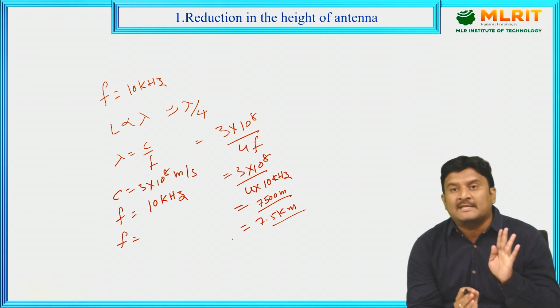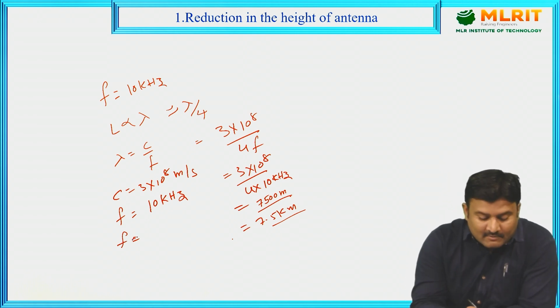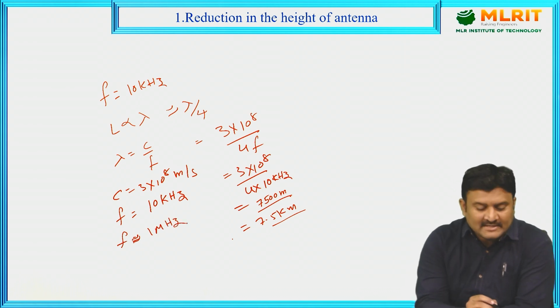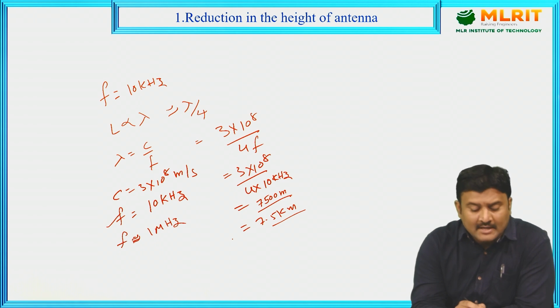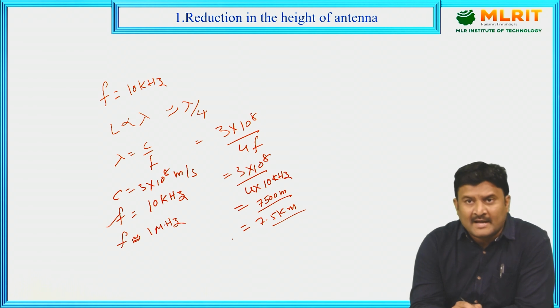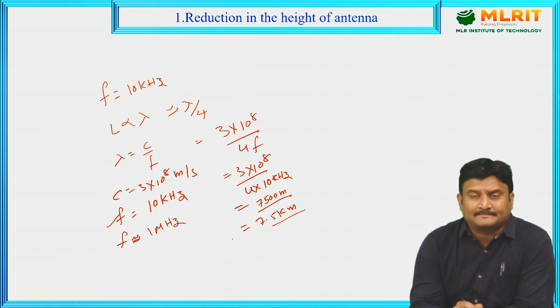It is multiplied with the actual information signal. For example, that should be equal to 1 megahertz. Previously, I took F equal to 10 kilohertz. Here also, F is equal to 1 megahertz, message signal into carrier.